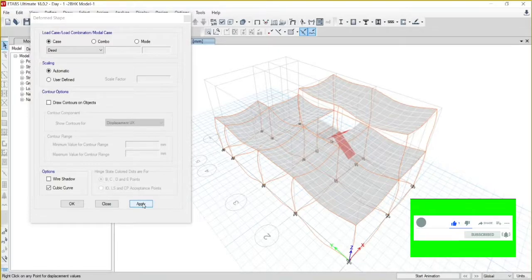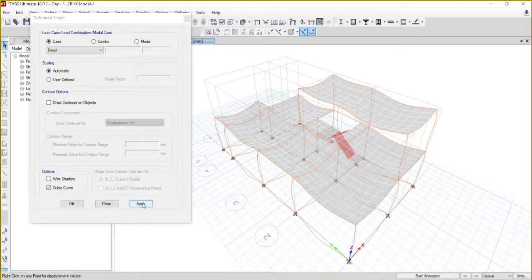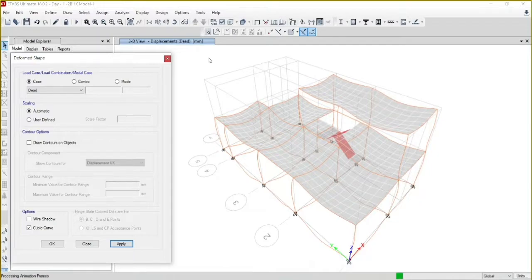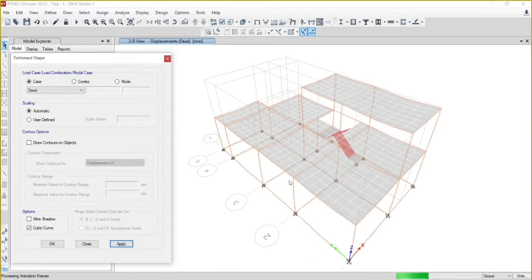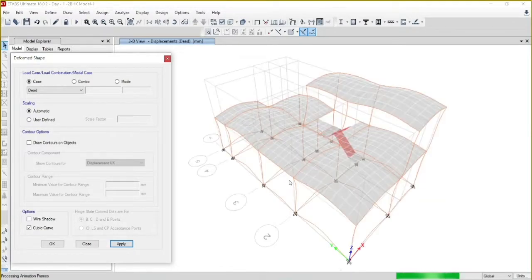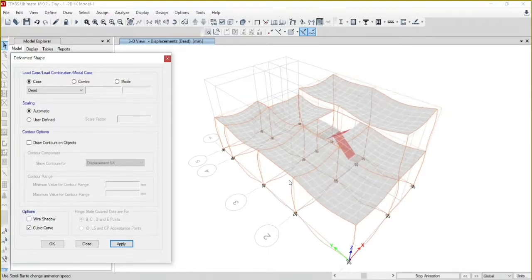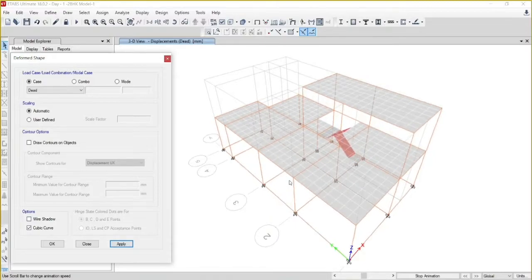Why? Because the dead load is acting downward under gravity. You can see that the maximum deflection due to dead load is 0.8 mm. So the deflection will be up and down. Yes, you can observe here.